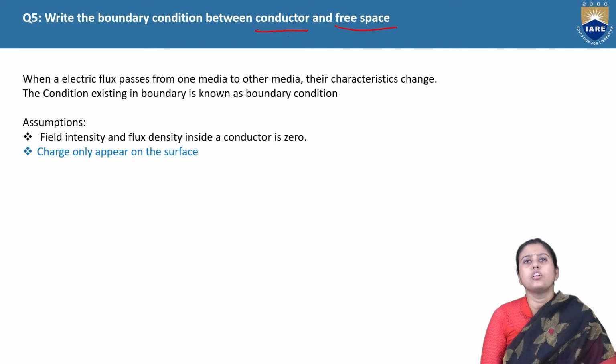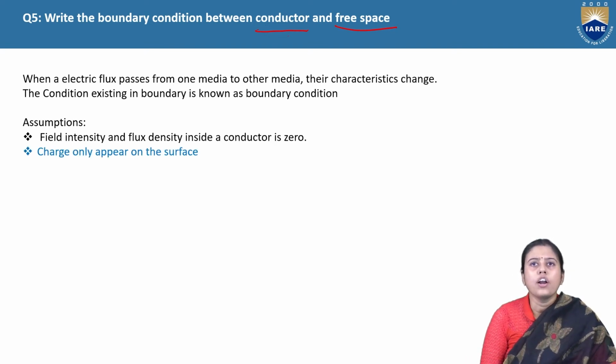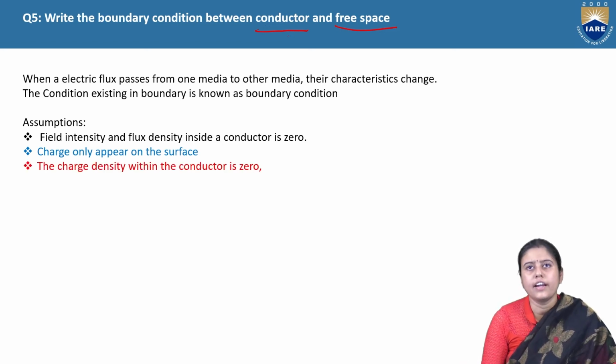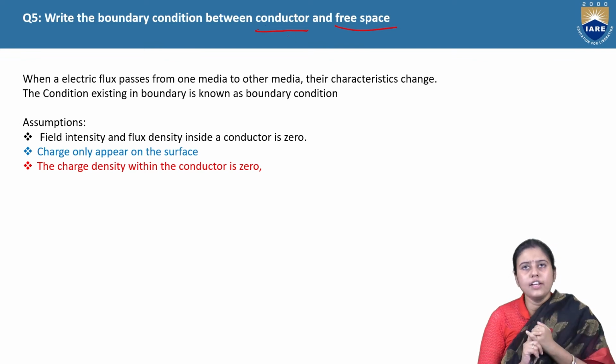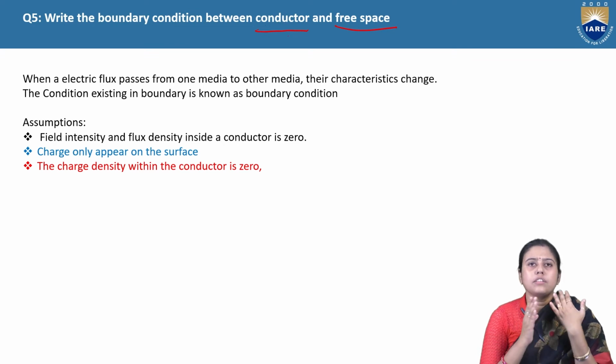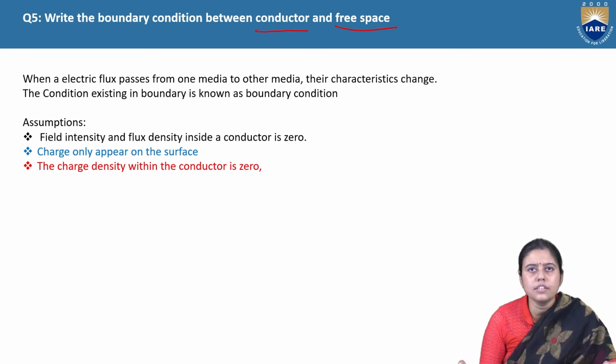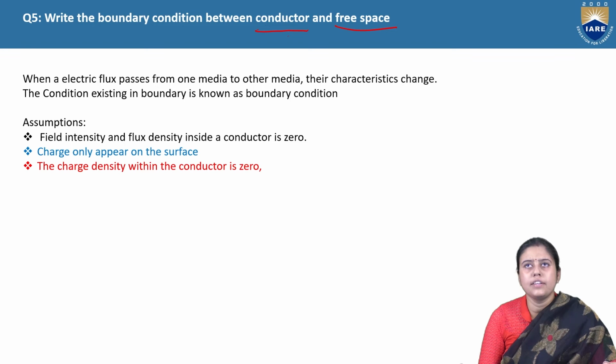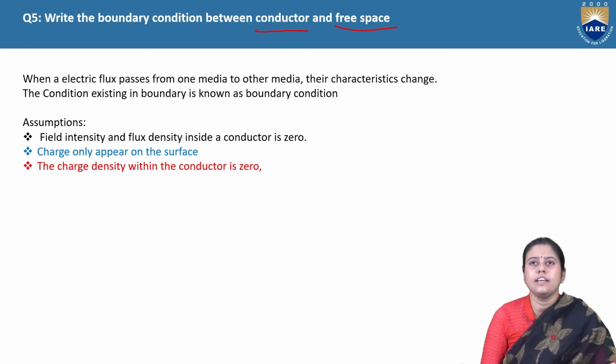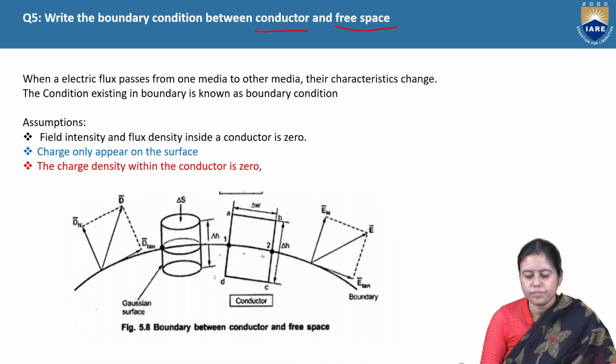Next, we also think that the charge only appears on the surface, so the charge density is also 0 inside a conductor. So we have three points. First, field intensity and flux density are 0. Second, charge lies only on the outer surface. Third, the charge density within the conductor is 0.